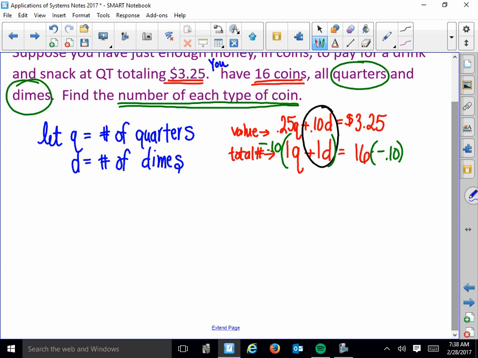So let's continue to work just below these equations. 0.25Q plus 0.10D equals $3.25.